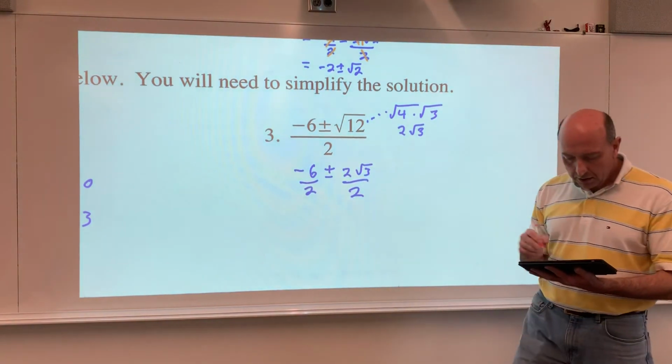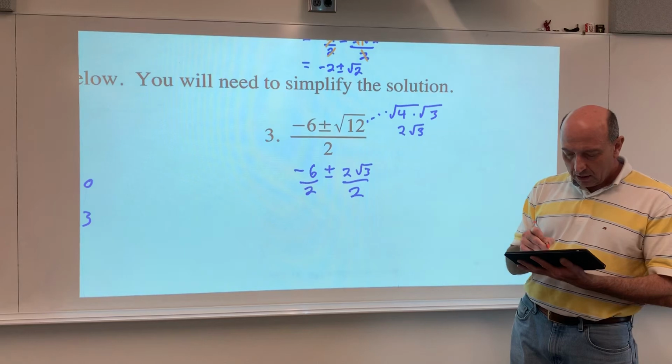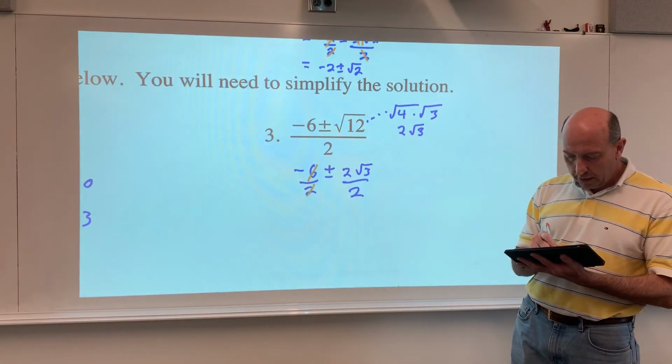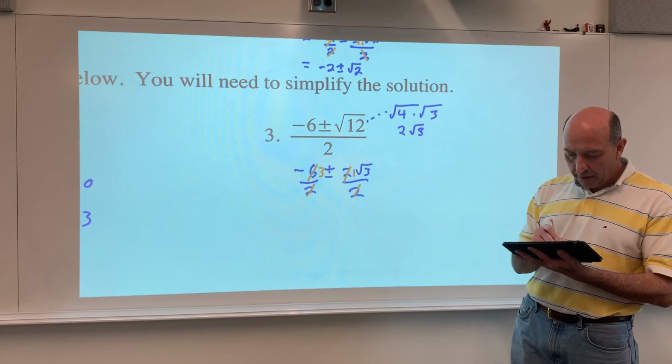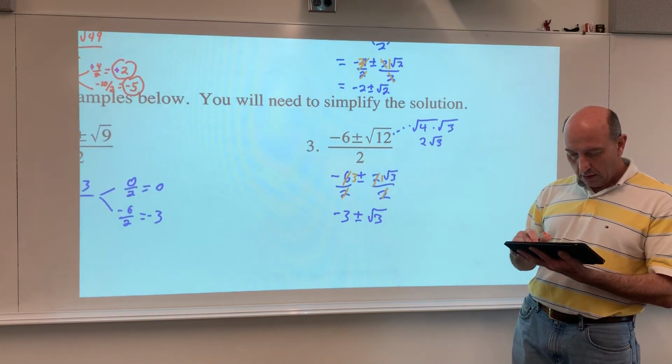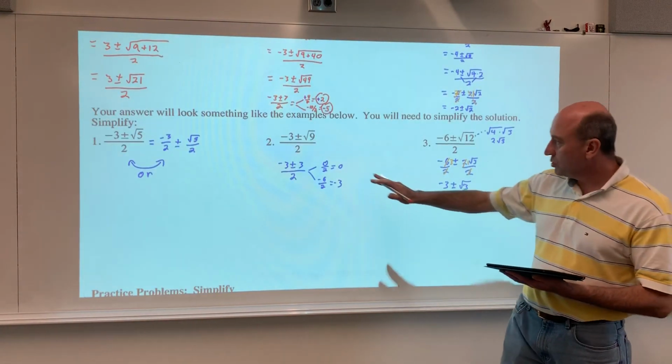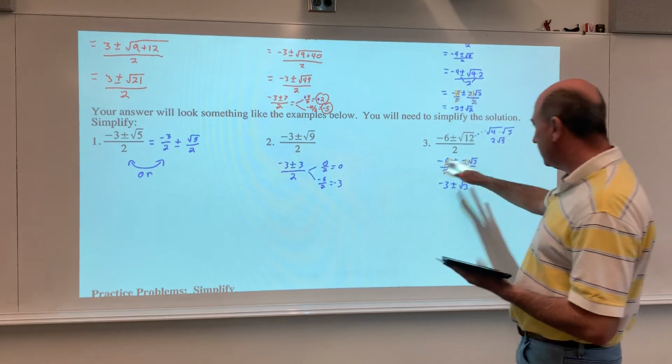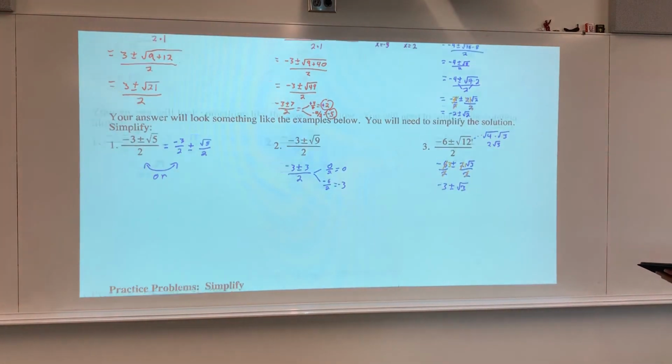You're required to simplify. So 6 over 2 is 3, and 2 over 2 is 1, for a final answer of negative 3 plus or minus the square root of 3. Okay, so these are the different types of answers, the different types of situations that may pop up.